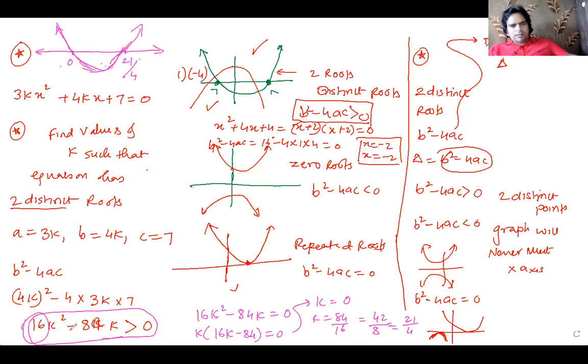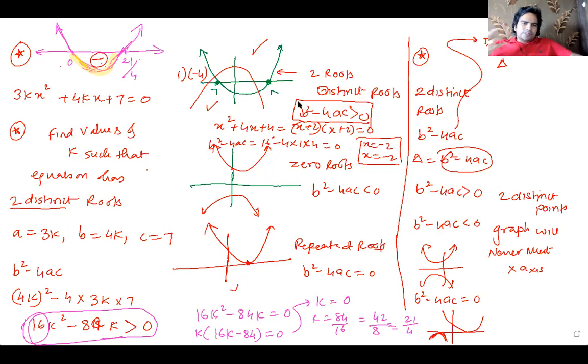Now, how do I fix the signs in each interval? Any part which is below the x-axis is negative. This part of the graph is below the x-axis, so that's negative. So here the sign diagram will be negative.